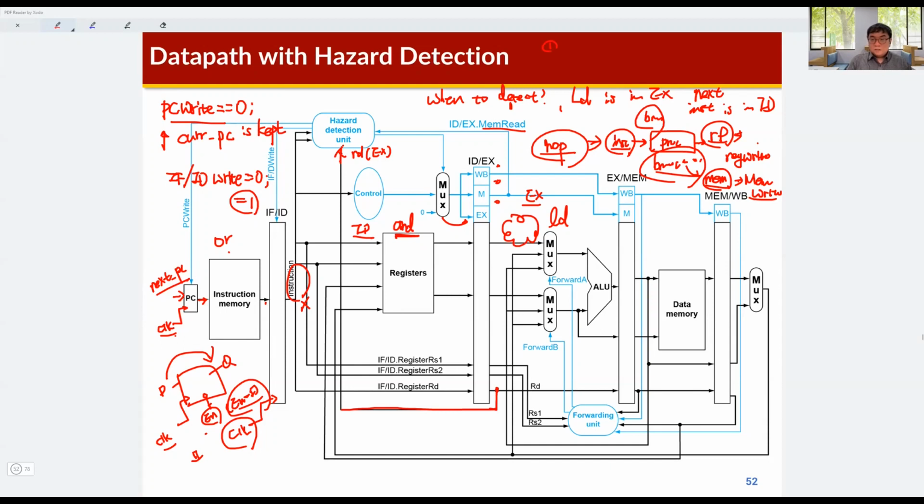So now we have explained when to detect, how to detect, and what to do for the load-use data hazard. I hope you can understand easily.